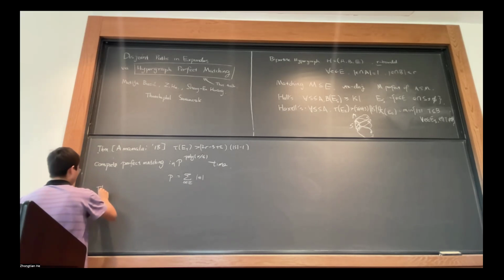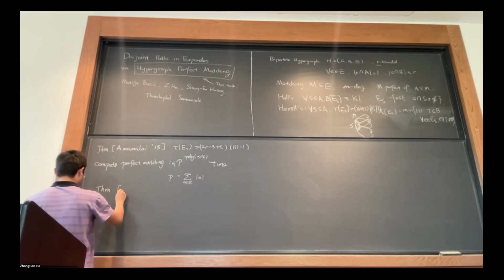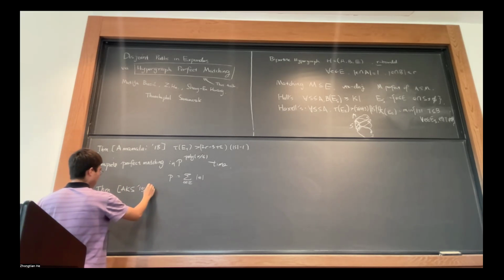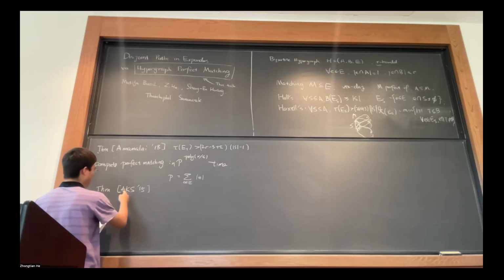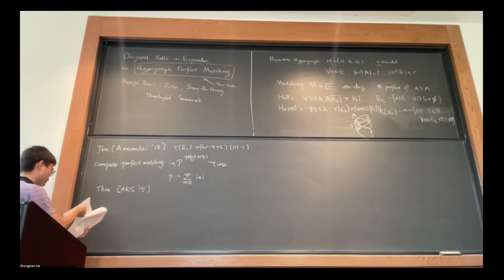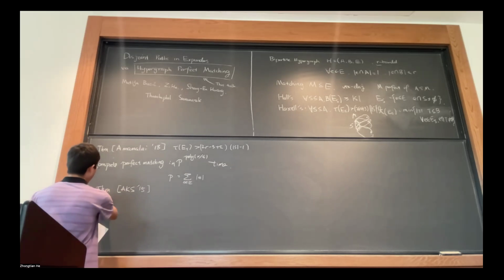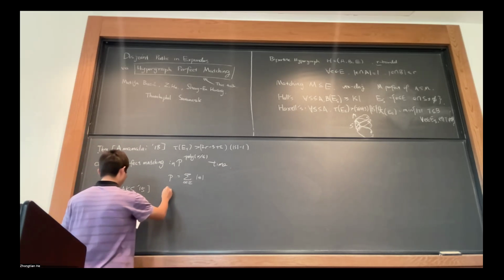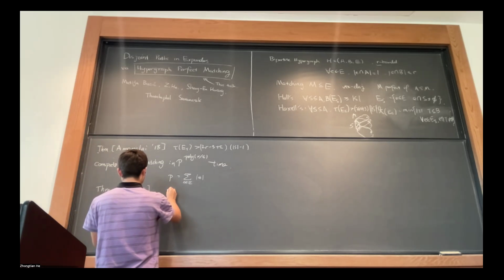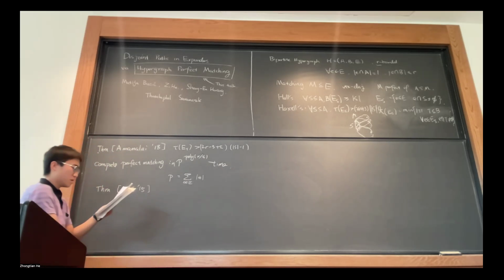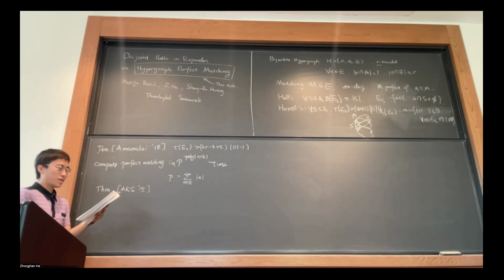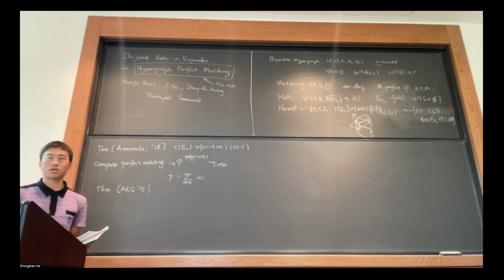So this theorem is by Asadpour, Feige and Saberi, and the other by Annamalai, Kalaitzis and Svensson. They can find a nearly perfect matching in polynomial time.